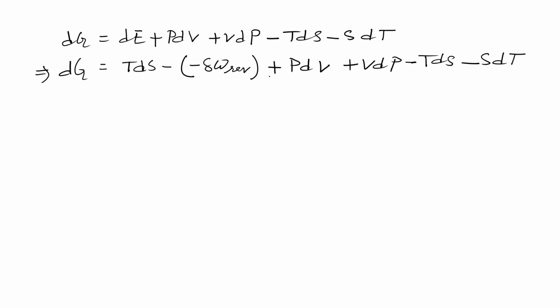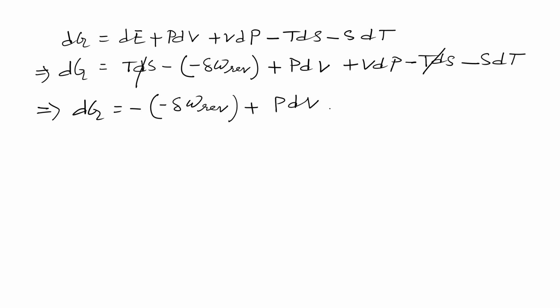Right? Now we'll see that here TdS and here TdS are getting cancelled. So what is left over? Left over is dG is equal to minus of the total reversible work done by the system plus PdV, then plus VdP minus SdT.